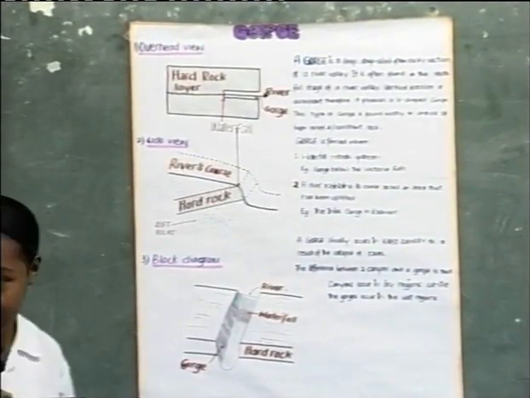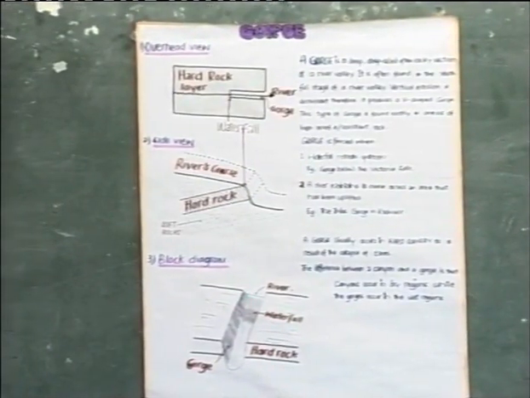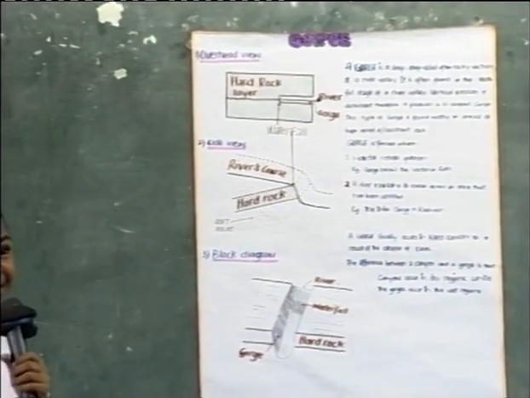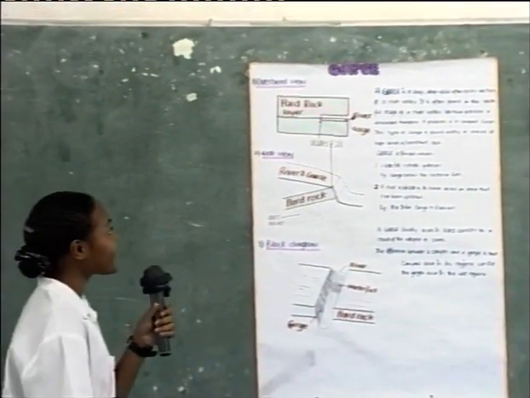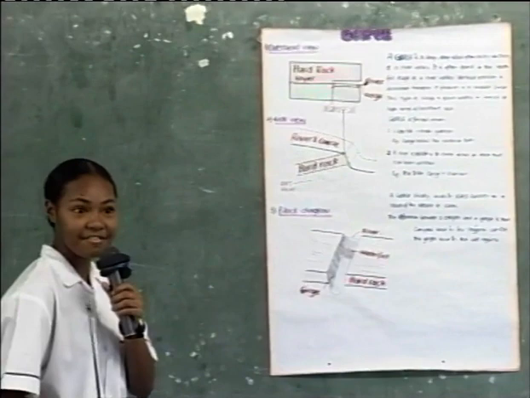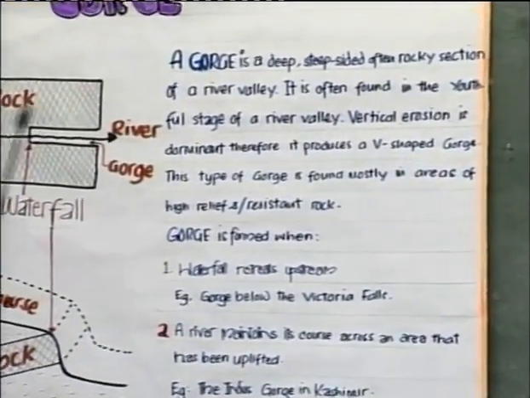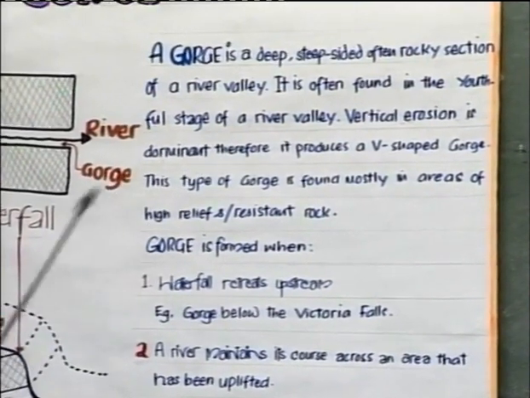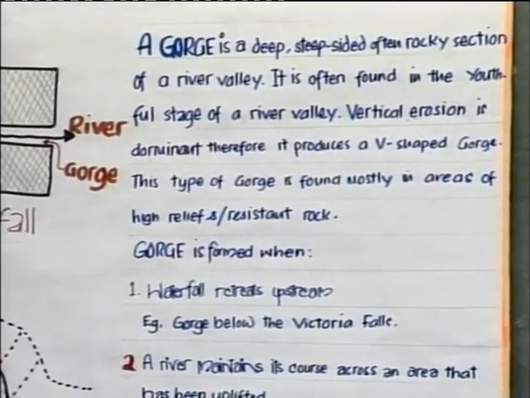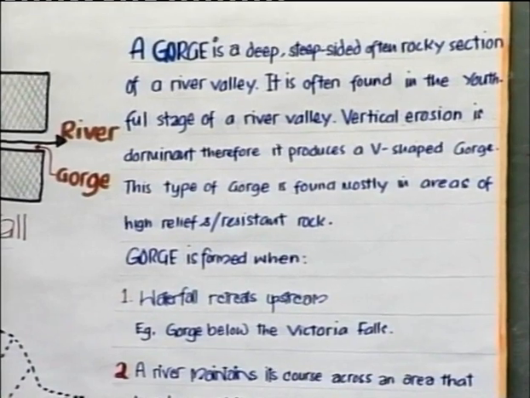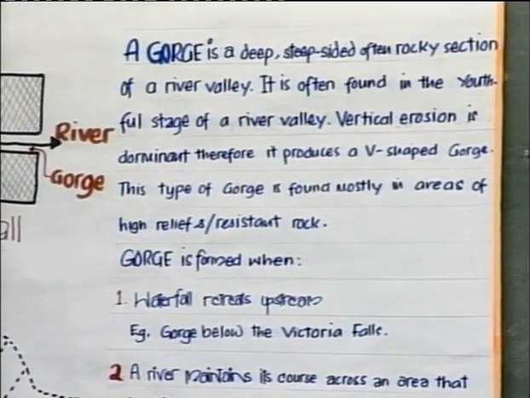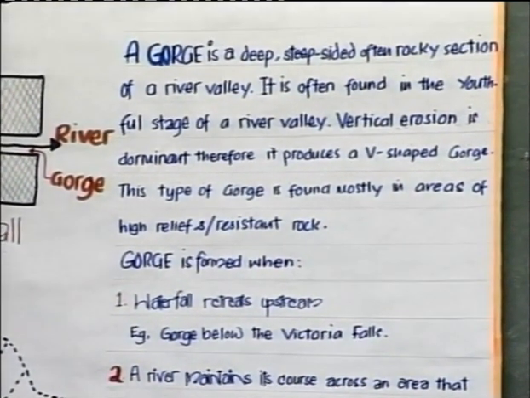Good morning, class. My group and I are going to be talking about the formation of gorges. Firstly, I'll just define what a gorge is. A gorge is a deep, steep-sided, often rocky section of a river valley. It is often found in the youthful stage of a river valley. Vertical erosion is dominant, therefore it produces a V-shaped gorge.